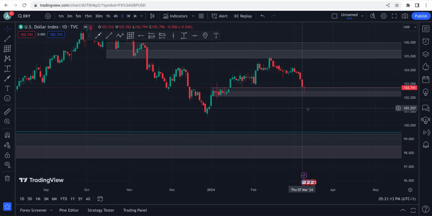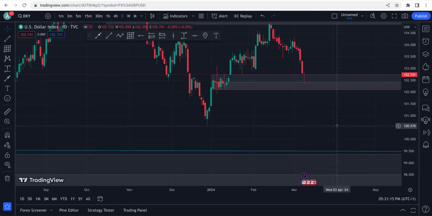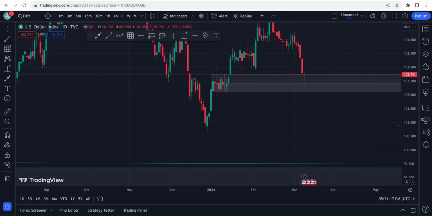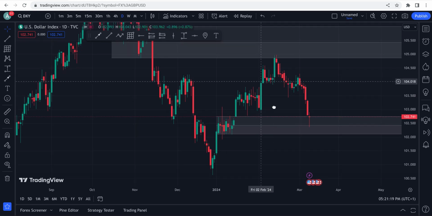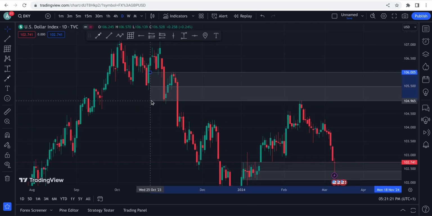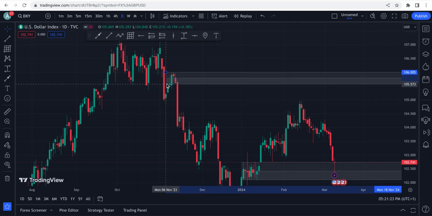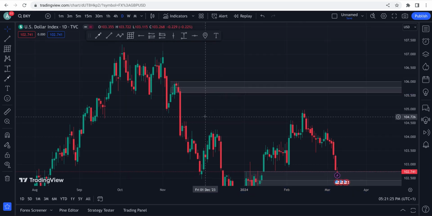Don't forget, we are still on DXY, dollar strength. We have to refine the zone, as you can see. Let's refine this supply zone. Like I said earlier, this supply zone is not fully retested on the weekly time frame because we still have some imbalance here.